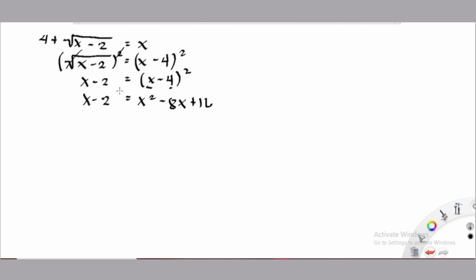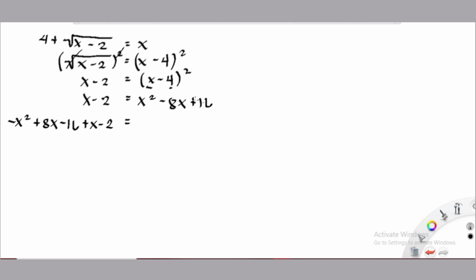Now, as you can see, the degree of this equation is 2, so this is a quadratic equation. Let us write this expression on the other side of the equal sign so we can combine similar terms. So this will become negative x squared, then plus 8x, and then minus 16, and then let's copy this, plus x minus 2.